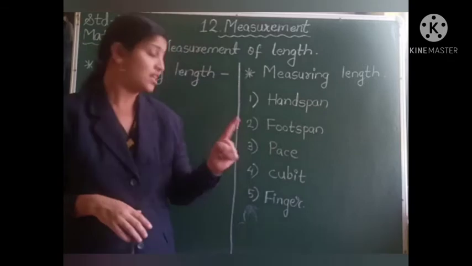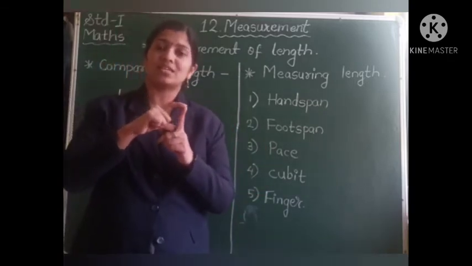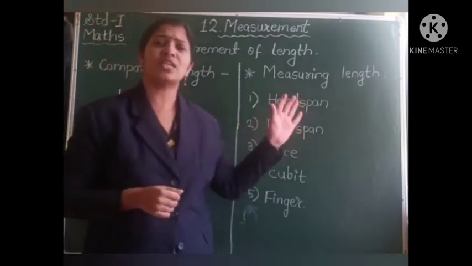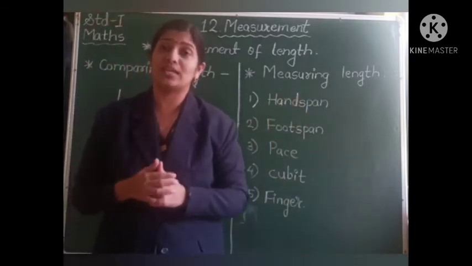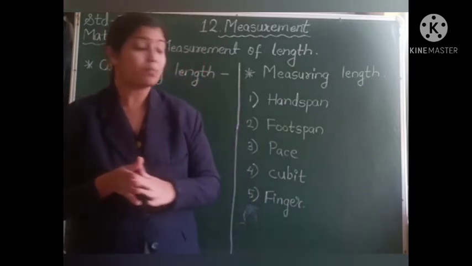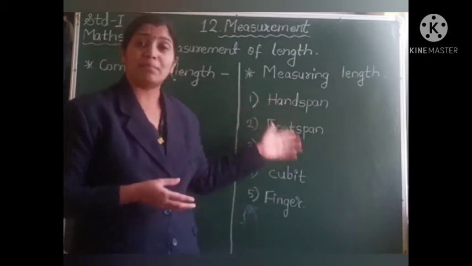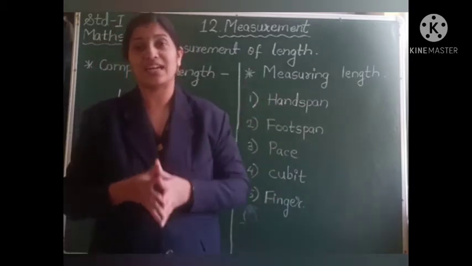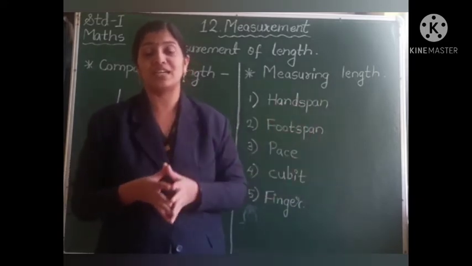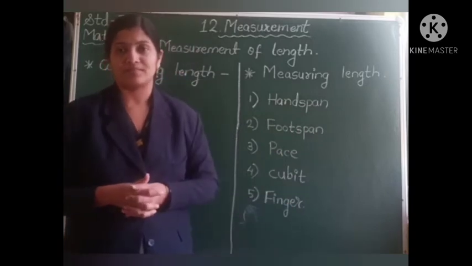And the next is the finger. This distance of the finger is also considered to measure length. So students, these were used in the olden days to measure the length of objects. Now I will show you the pictures of all these measuring patterns so that you can easily understand how these measurements are done.